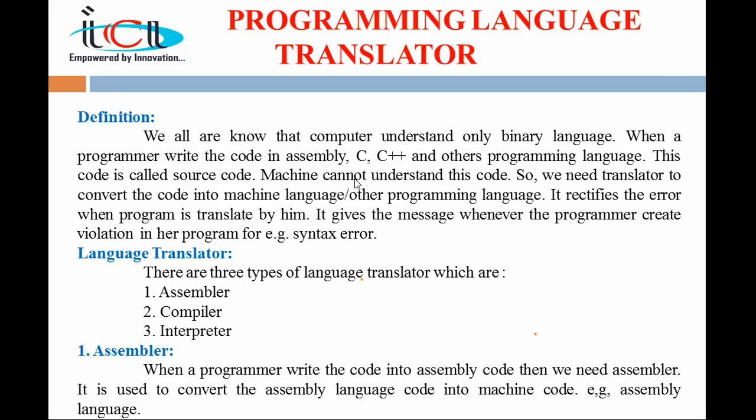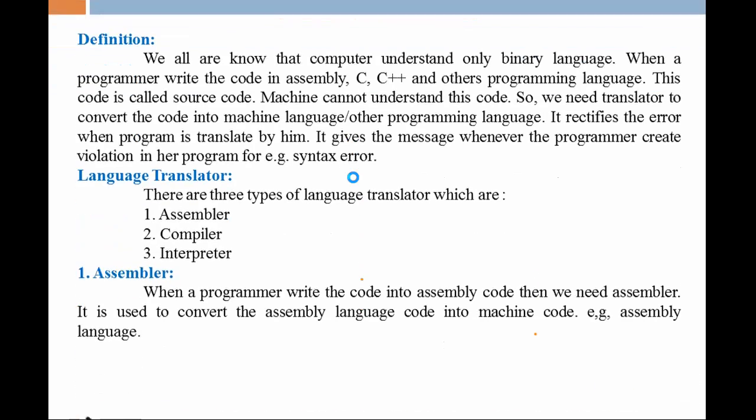These mnemonics are written in the code, so we need an assembler. The assembler's main work is to convert assembly language code into machine code so that the machine can do the work as you want.